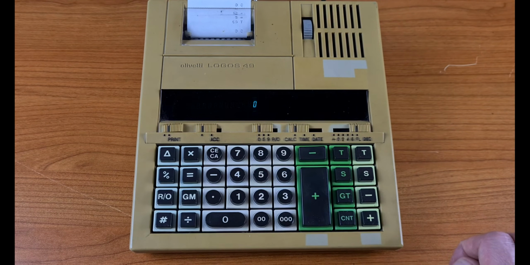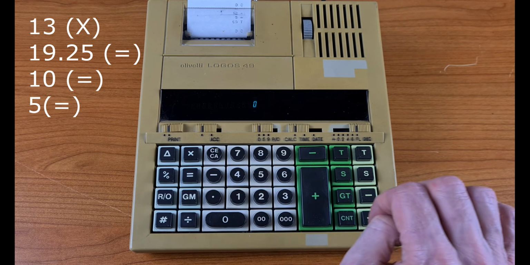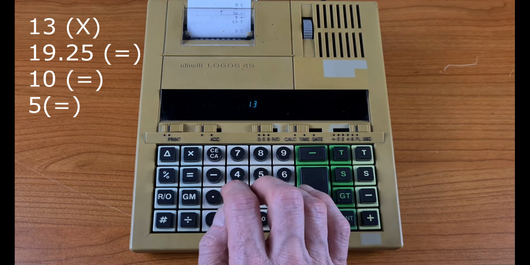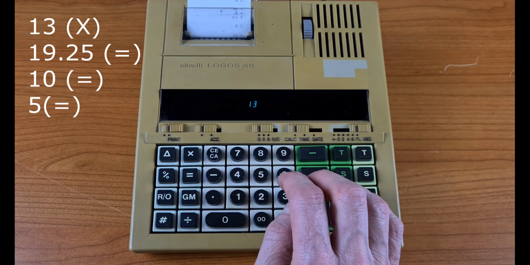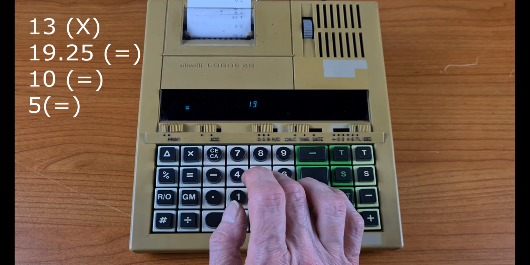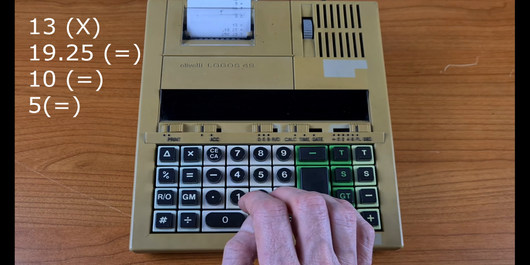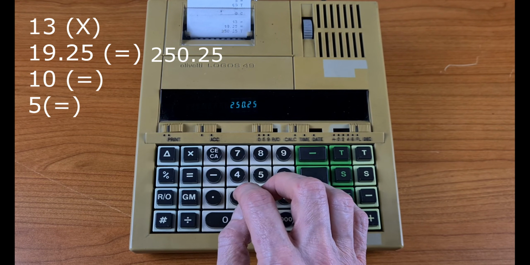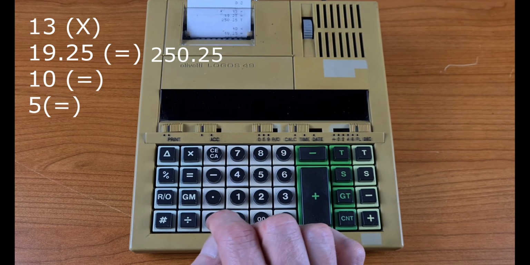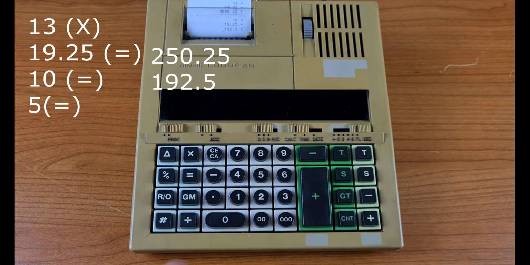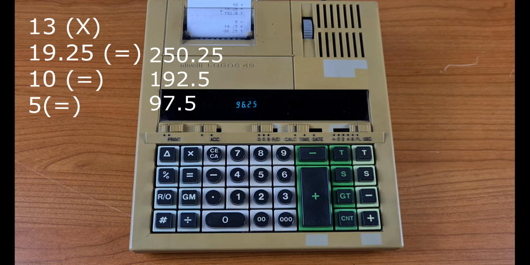Instead of typing 19.25 every time, you can do like this. 13 times 19.25 total, 10 total, 5 total. You see, 13, 10 and 5 are multiplied by 19.25 without typing it again.